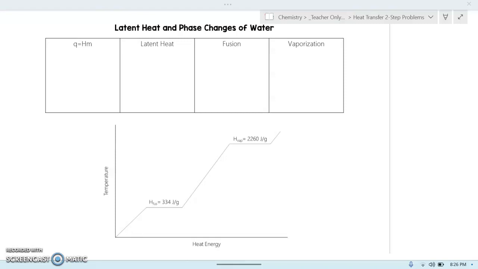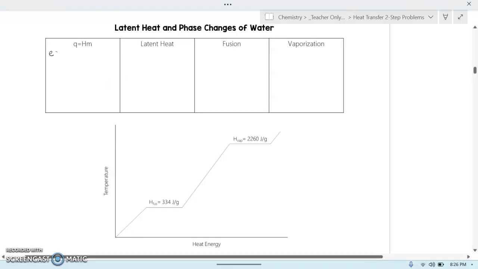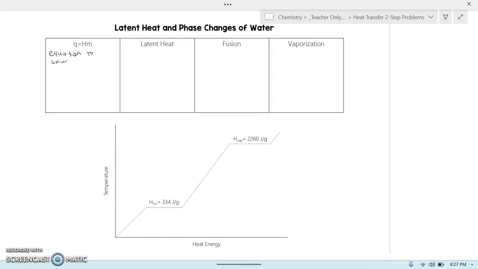So our new equation is Q = Hm, and this is used to solve our thermo calculations during a phase change.